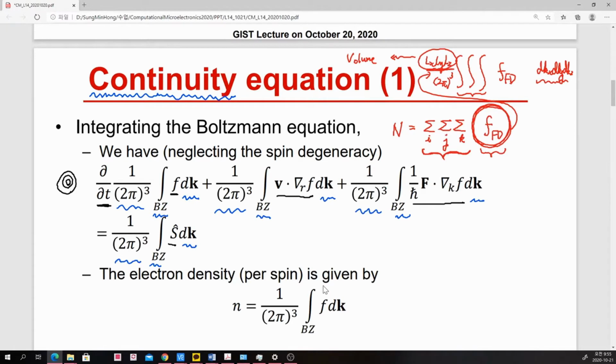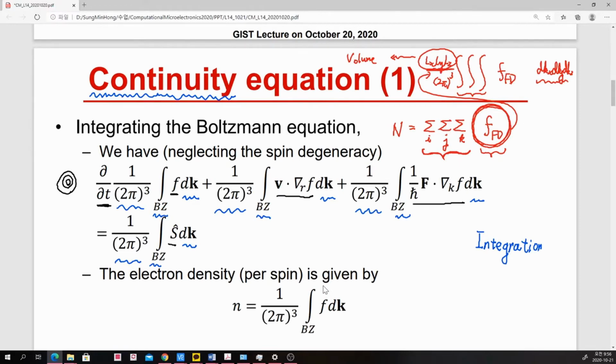But since we have performed the integration, the resultant equation is no longer defined on 6-dimensional phase space, but it is now defined on 3-dimensional real space. Already by performing this integration, we reduce our dimensionality drastically.